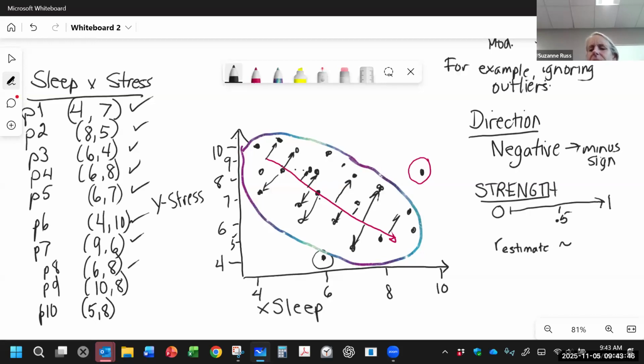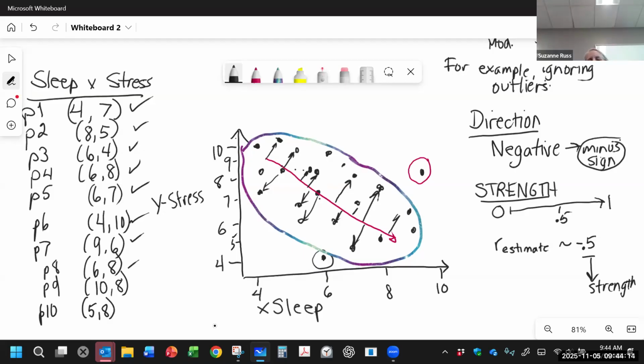Does anyone know what that's called? I would say this is 0.5 for the strength. But when we write this down, we figure out the strength and direction separately. So the strength is here in the number. The direction is told with a sign. So we would have to put a minus sign here to show that it's going in a negative direction.